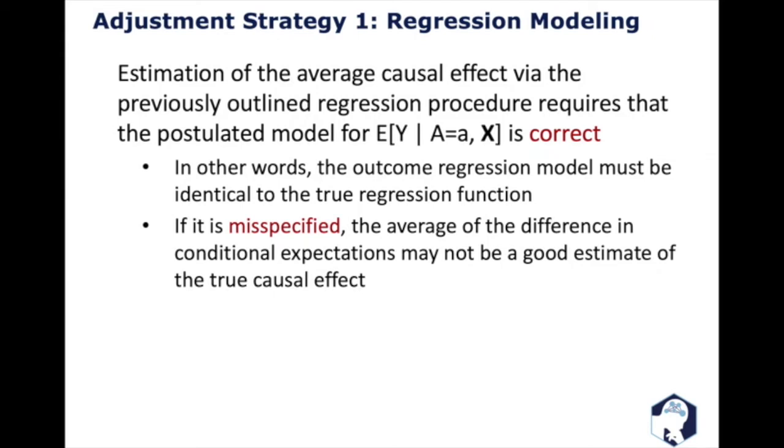In other words, the outcome regression model must be identical to the true regression function, the true expected value. If it is misspecified, if we do not know the form of this conditional expectation, then the average of the difference in the conditional expectations that we would use to estimate the average causal effect may not be a good estimate of our target parameter.